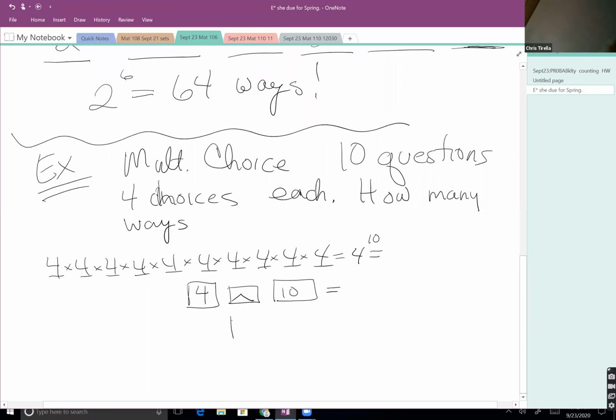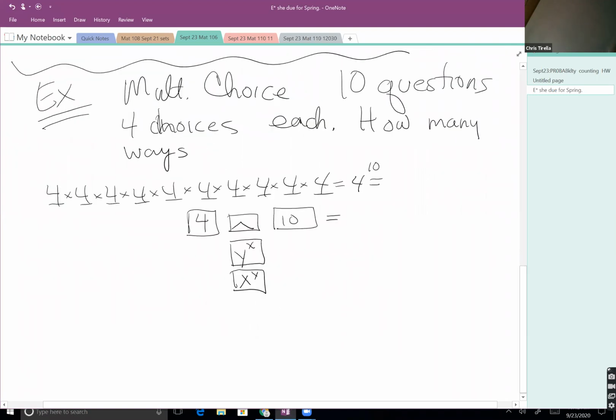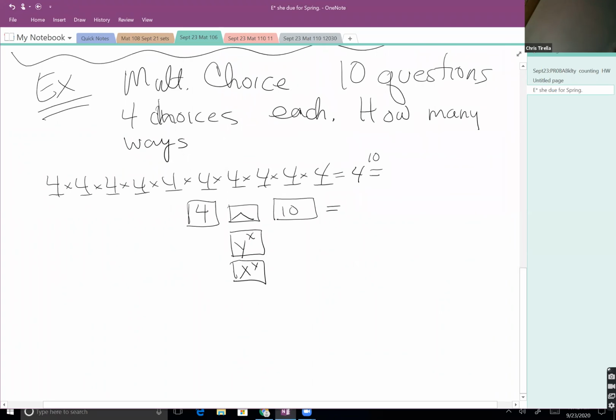Some calculators, instead of an arrow up, you might have y to the x, or x to the y. Anybody get an answer here? I got 1,048,576. 1,048,576 ways.